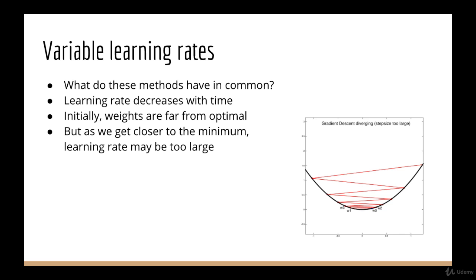Well, when you're close to the minimum and you take too big of a step, you're going to overshoot. And so what ends up happening is you just end up bouncing back and forth. In fact, if your learning rate is too large, you'll just bounce right out of the valley, and your loss might actually increase. So in order to reduce all this bouncing around, we would like to take smaller steps.